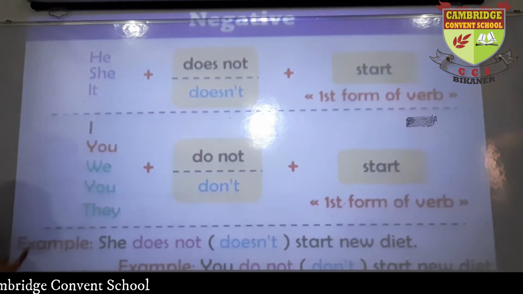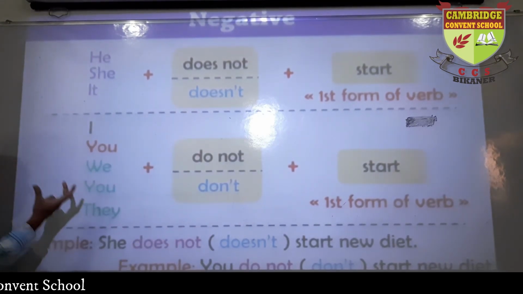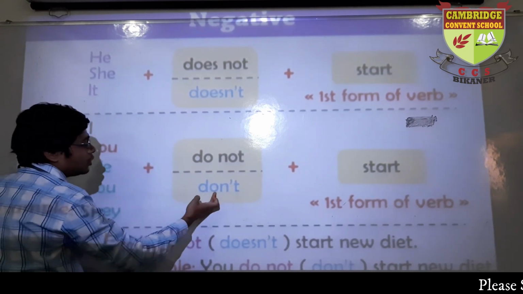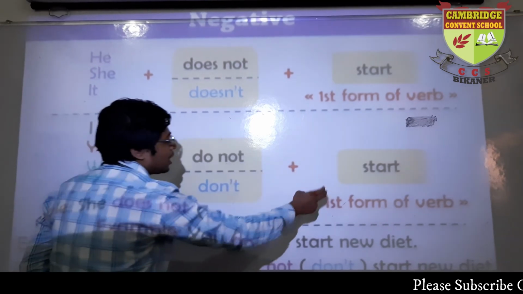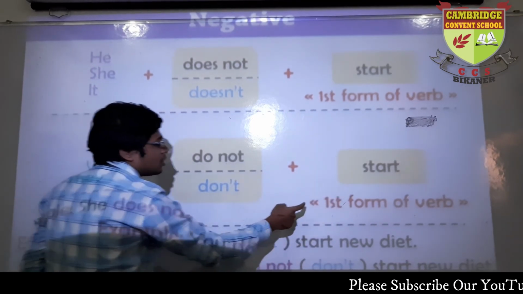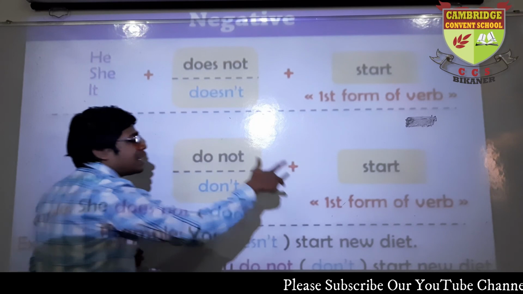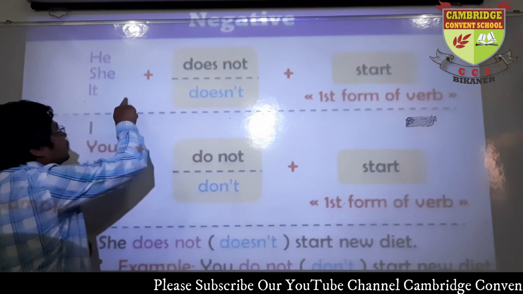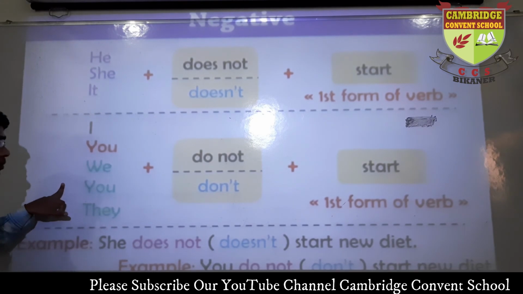For the plural subject we use do not. The contracted form of do not is don't, plus start, the first form of the verb. So in the negative sentence the main verb will be common in both the singular and the plural subject.